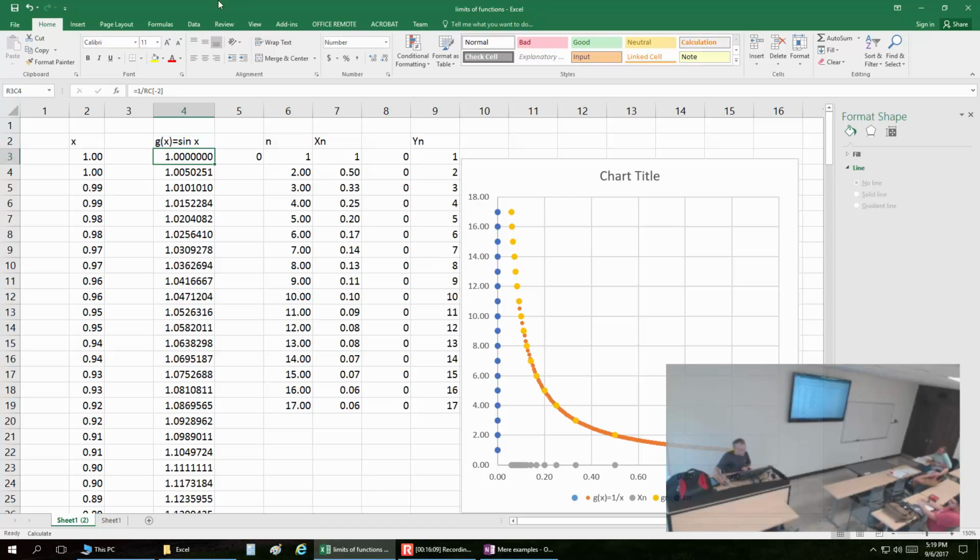Okay, so we entered here sine of this value. I didn't put it very close.